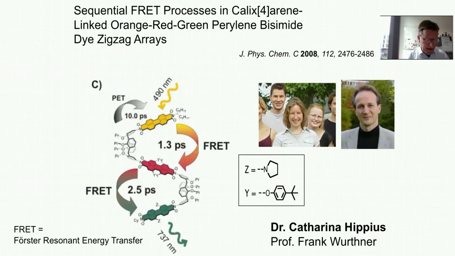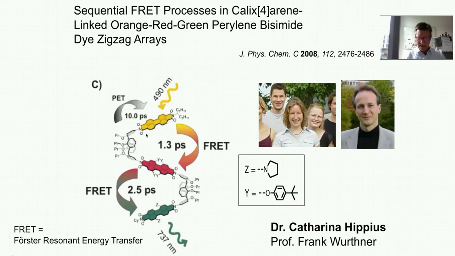I have applied the Förster relation a few times, I think in 4 papers, and this is one of them with Würthner and Katharina Hippius. In this case, we looked at these perylene imide chromophores and at energy transfer, and we determined very fast transfer times on a picosecond time scale.